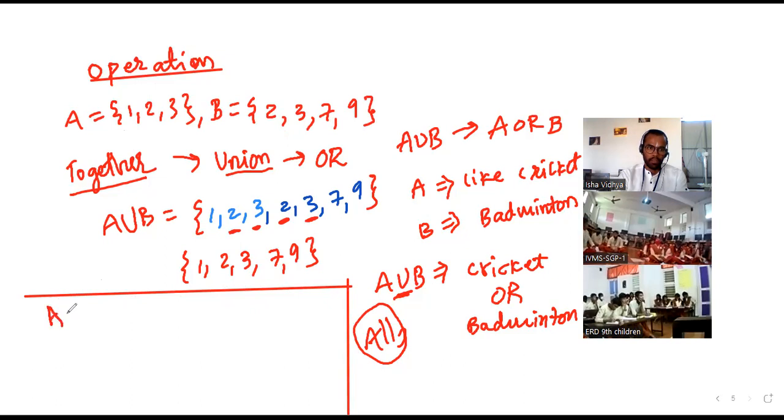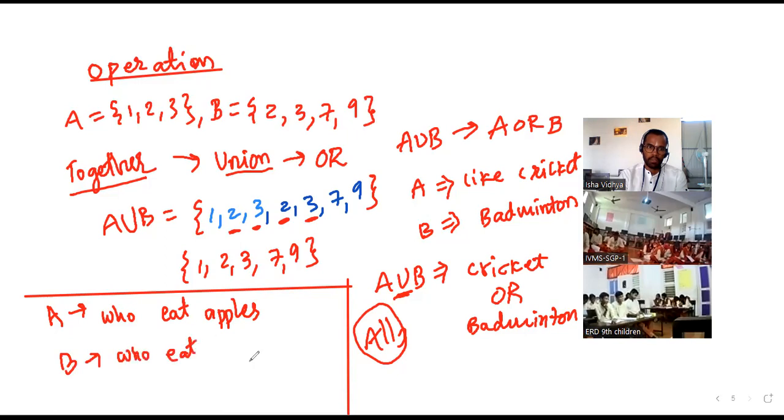A is the set of students who eat apples, and B is the set of students who eat oranges. I want to know what is A union B.